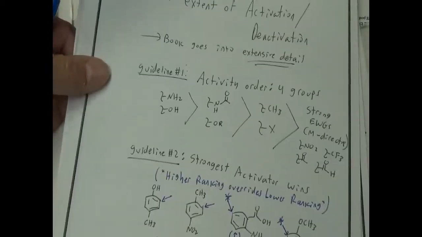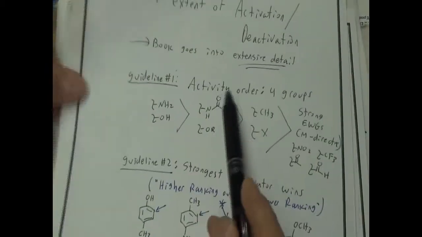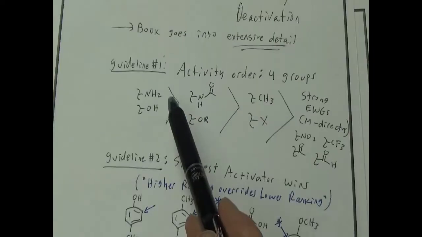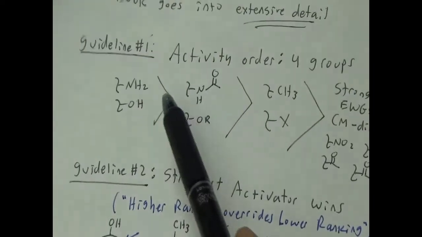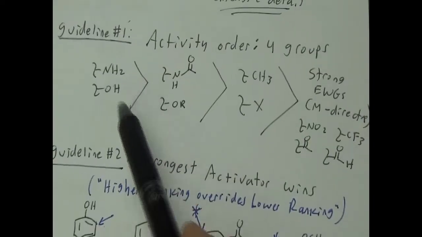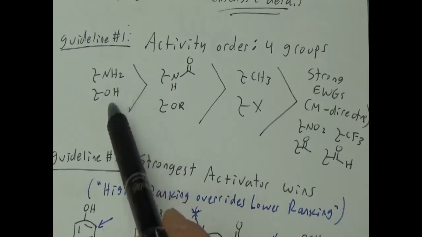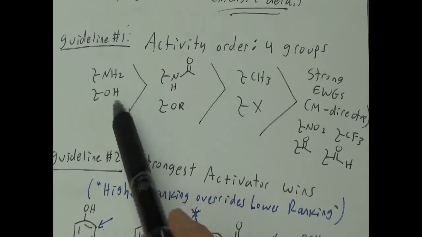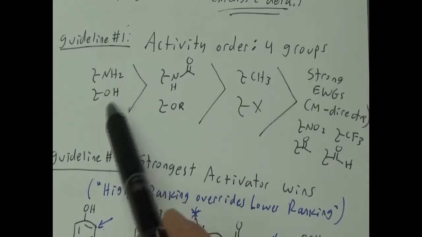So without going into incredible detail, this is all from last lecture. We had a couple guidelines, and maybe the most important one is guideline number 1, which is the activity order. NH2 and OH were the greatest activators, like their own little group 1.